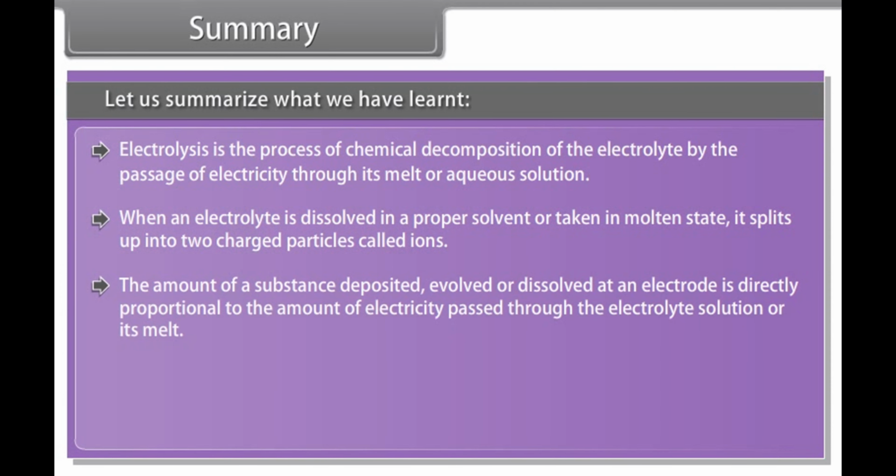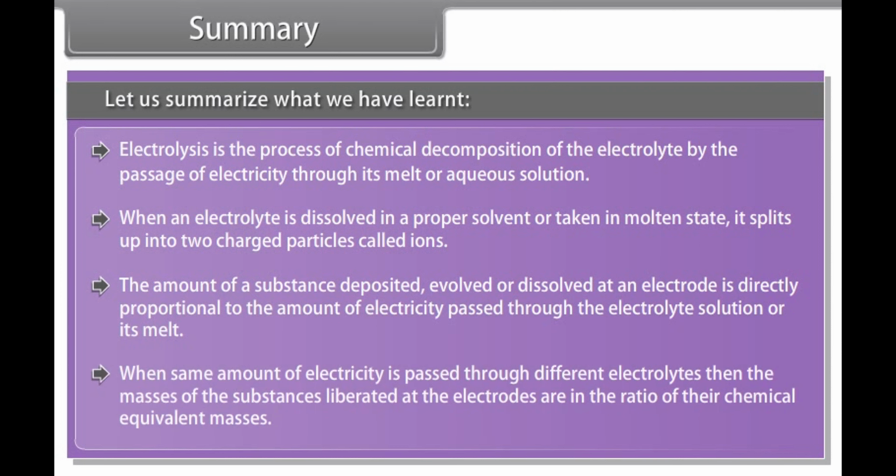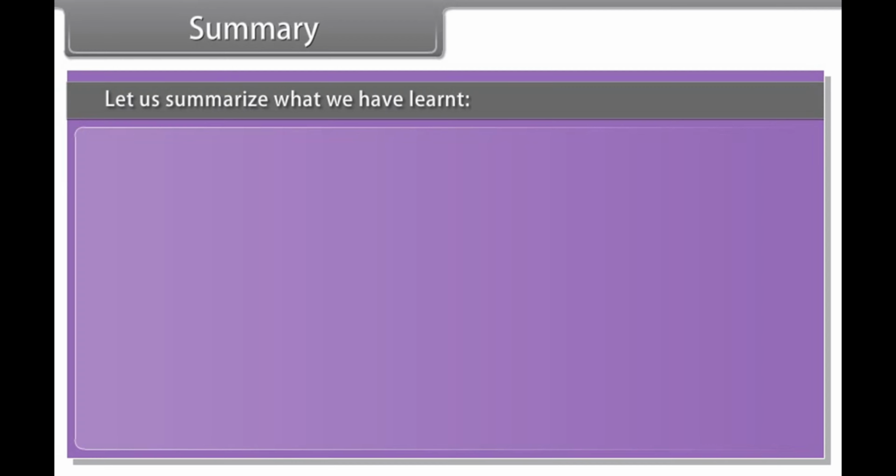The amount of a substance deposited, evolved, or dissolved at an electrode is directly proportional to the amount of electricity passed through the electrolyte solution or its melt. When same amount of electricity is passed through different electrolytes, then the masses of the substances liberated at the electrodes are in the ratio of their chemical equivalent masses.